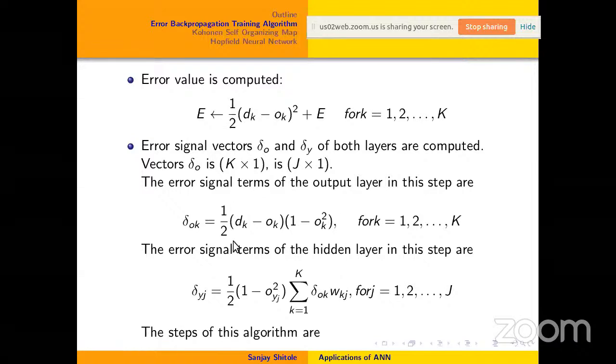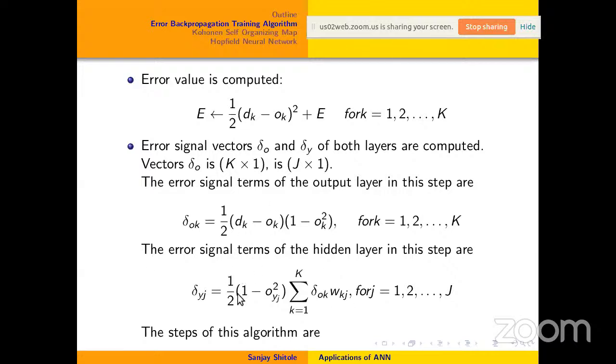For the output layer, delta equals (d minus o) times the derivative of the net value, and for the hidden layer a similar expression is used, where previous weight values are involved.